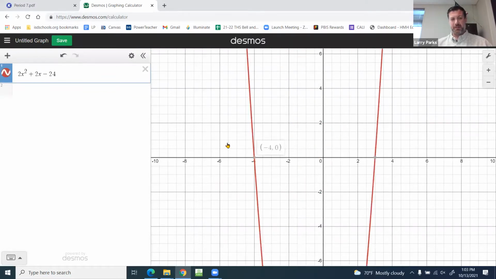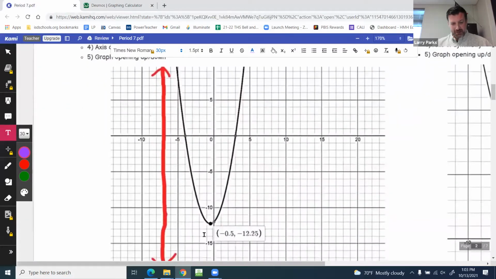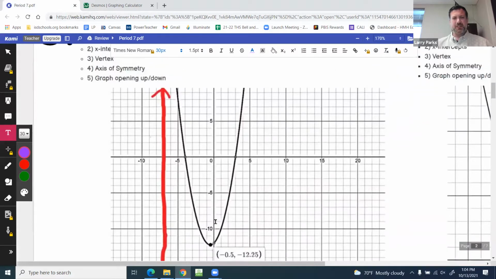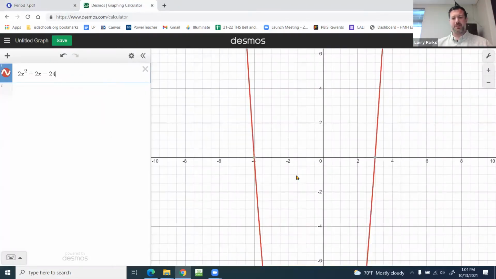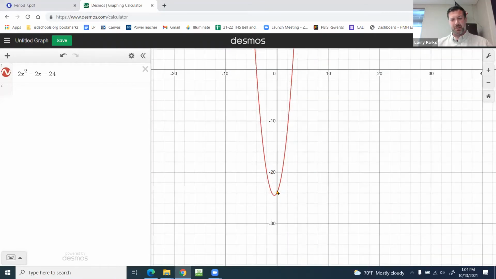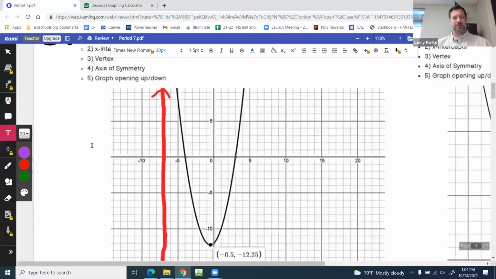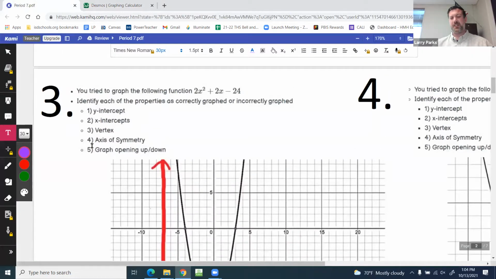Now let's compare the y-intercept. The y-intercept here says maybe negative 12. What's my y-intercept? My y-intercept right here is negative 24. So those aren't the same. So identify each of these as correctly or incorrectly graphed.